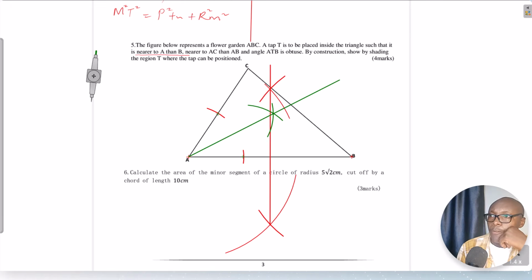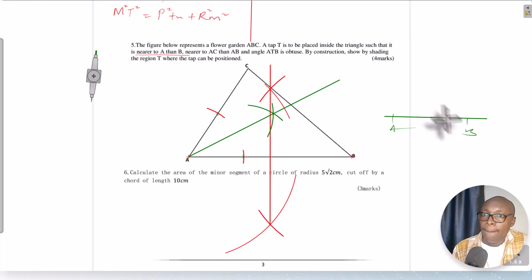For us to achieve that, we will need to construct an angle. You need to remember this property: the angle subtended by the diameter. If we have the diameter there, the diameter subtends an angle of 90 at the circumference.